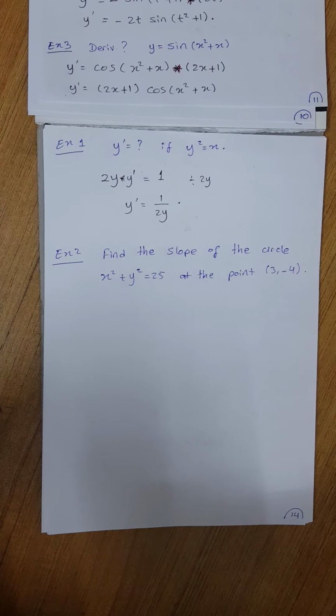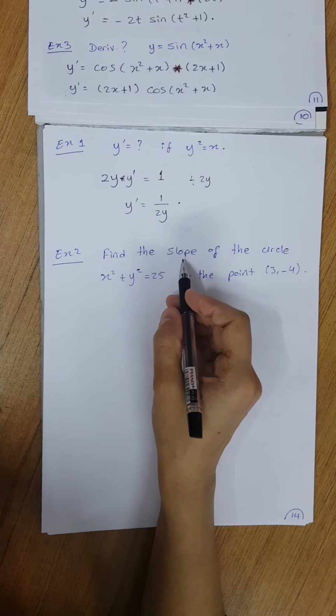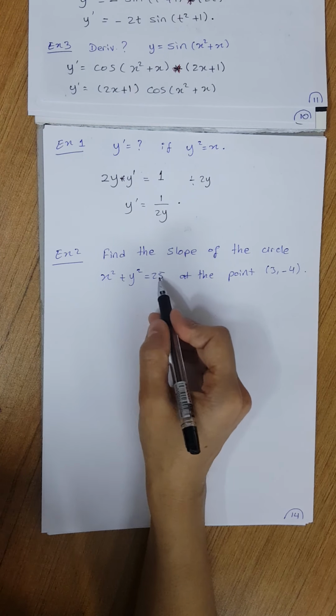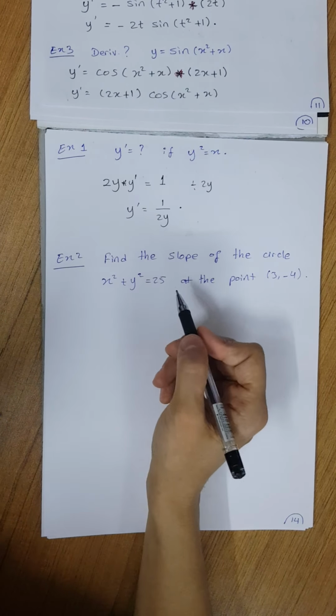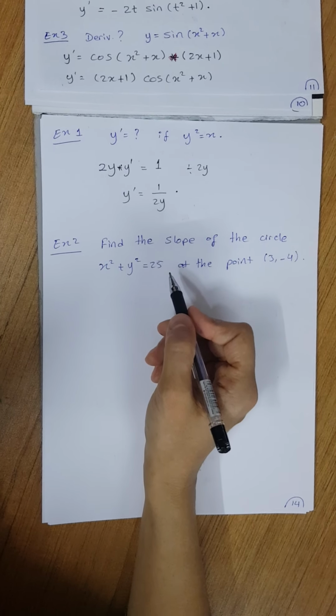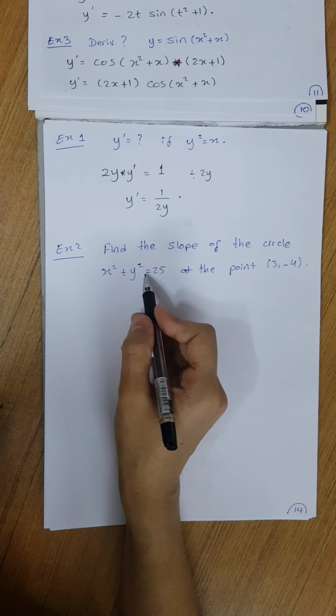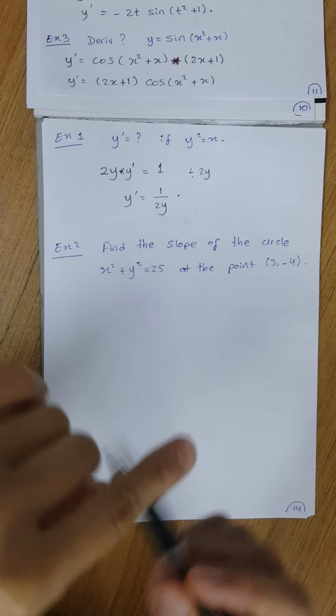So what's required from us? It is required from us to find the slope of that circle. That is the implicit function given to us, okay? It is required from us to find the slope.